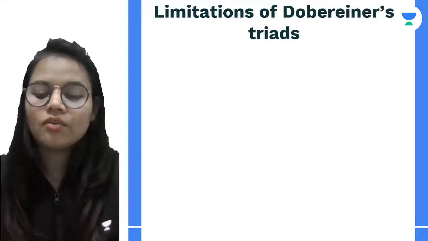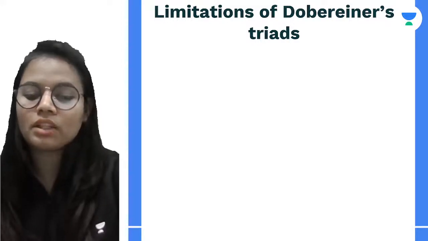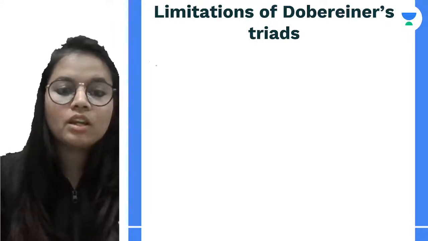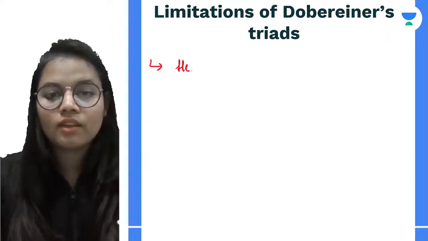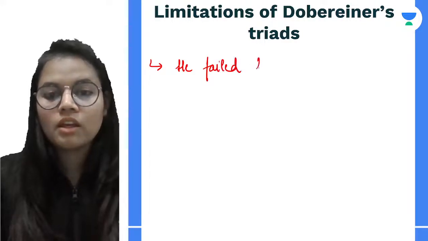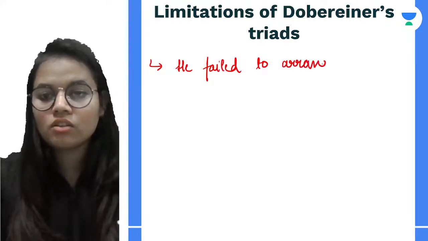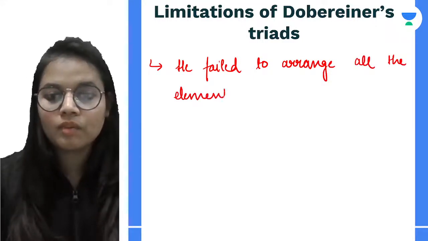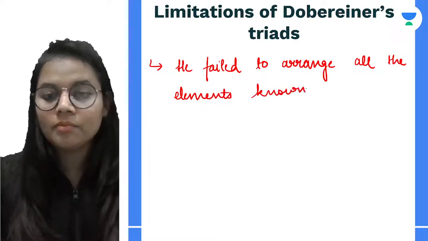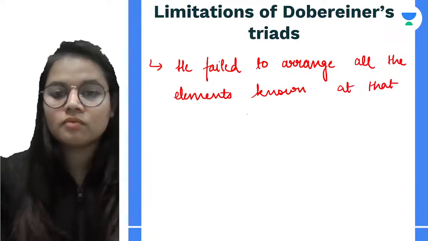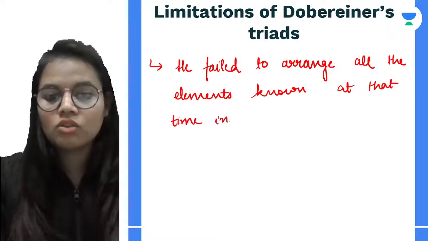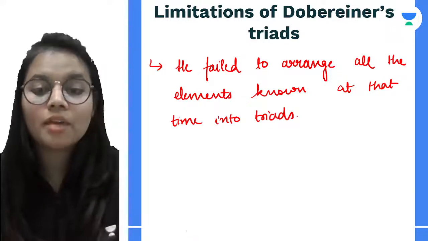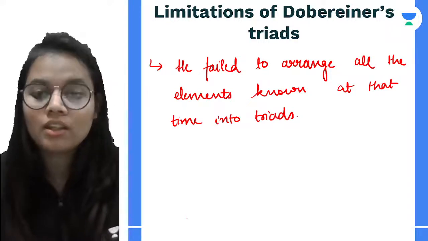Now, if I go for the limitations of Dobereiner's triads, the very first reason was that he failed to arrange all the elements known at that time into triads. So all the elements known at that time couldn't be arranged into groups of 3.